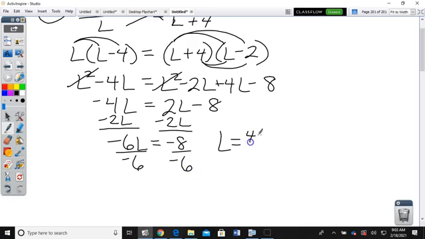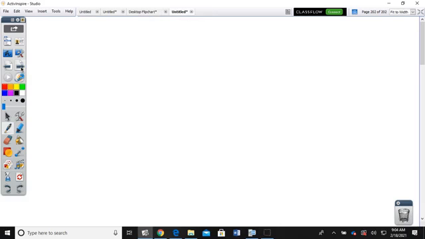L equals 4 over 3. And like I said, it is P on your sheet. Alright, everybody good? Wonderful.